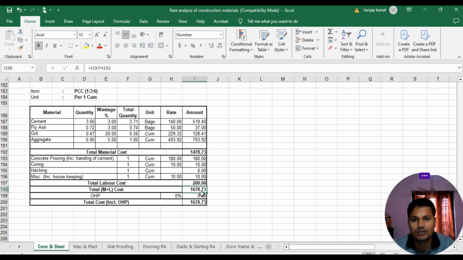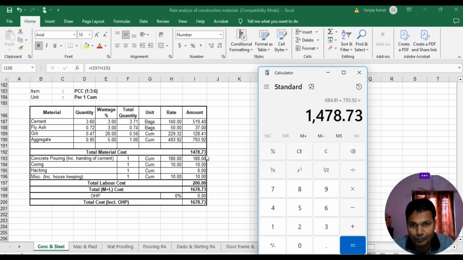Now let's sum all the values and check whether it is correct or not.